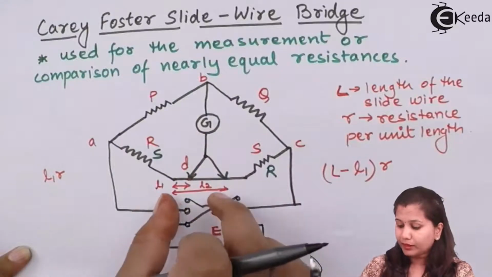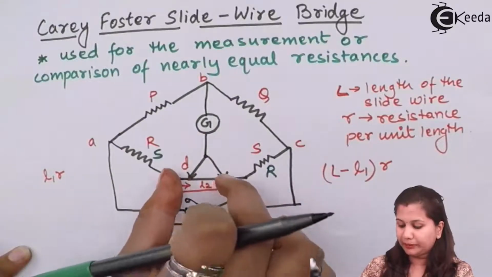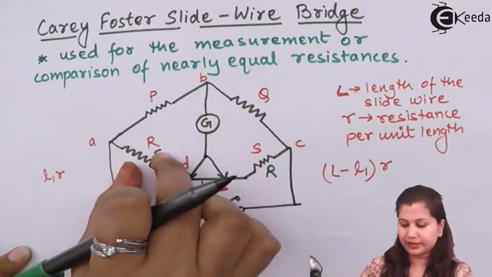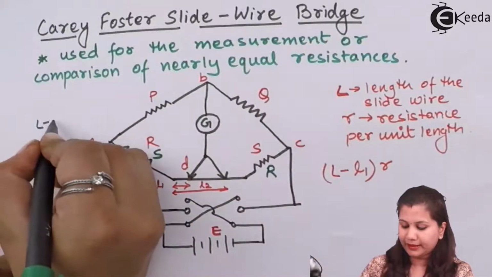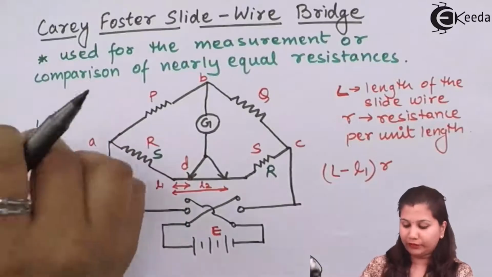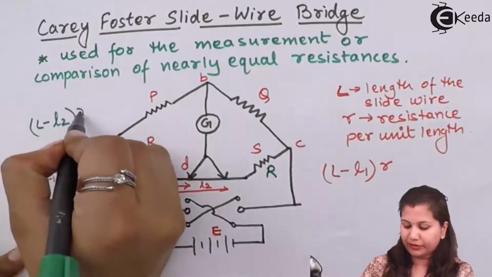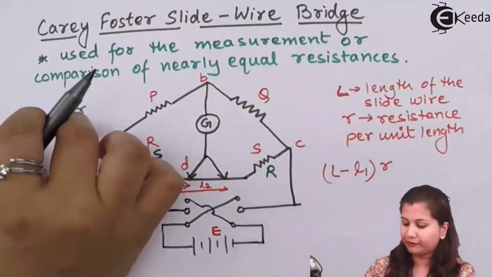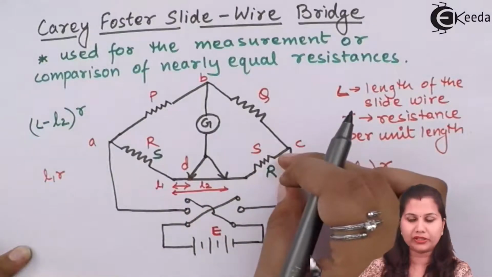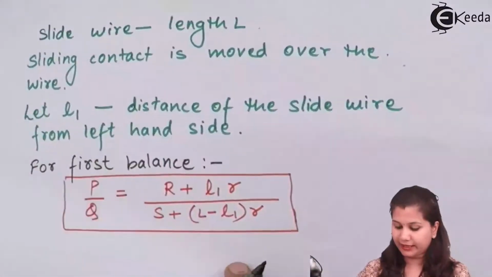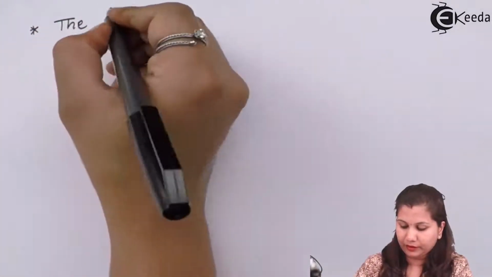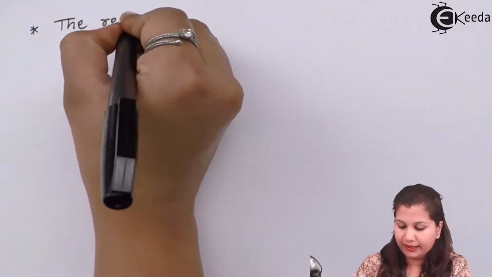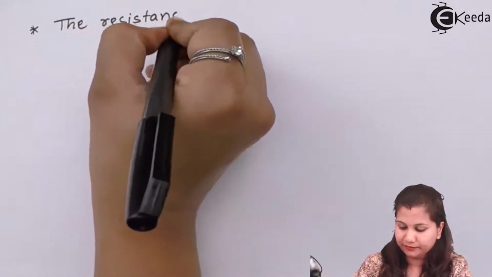Now this L2 length will be added in this standard resistance, and the remaining length will be L minus L2. That will be multiplied with the resistance per unit length, and that will be added in the unknown resistance. So for the second case, the resistances R and S are interchanged.